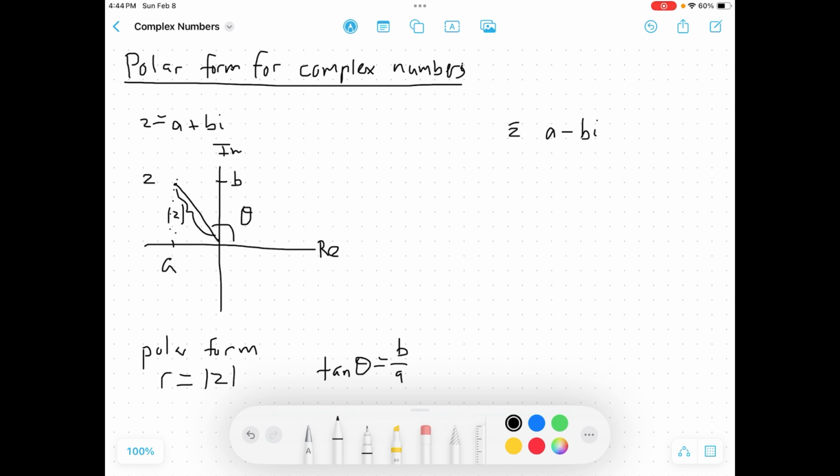I said there was interesting geometry here. We already saw what happened if I started off with something that looked like a plus bi and took its complex conjugate. That should be equivalent to reflecting over the real axis.